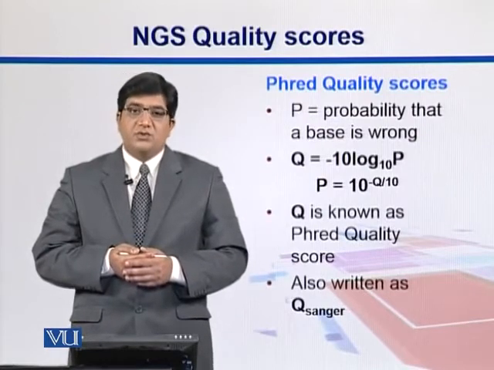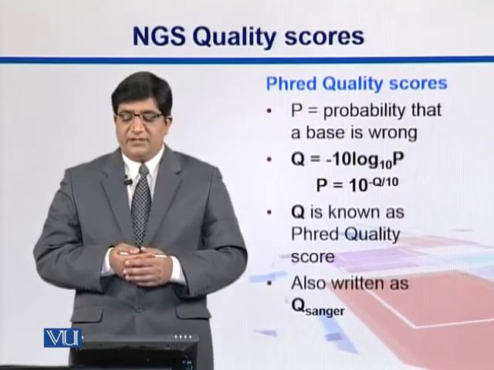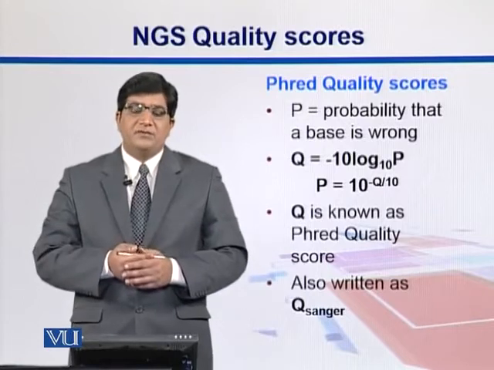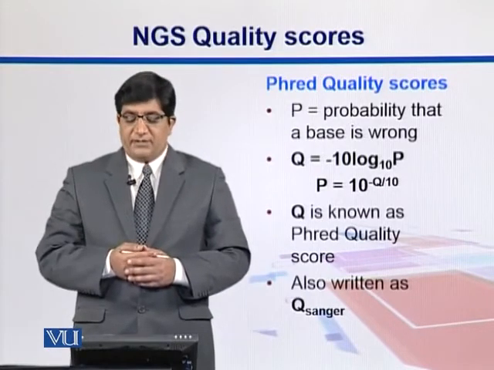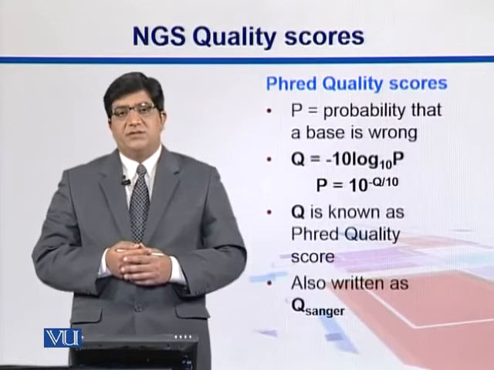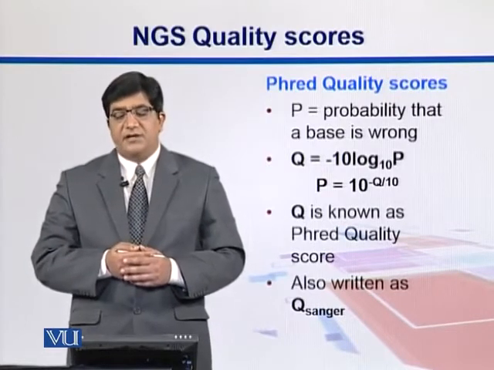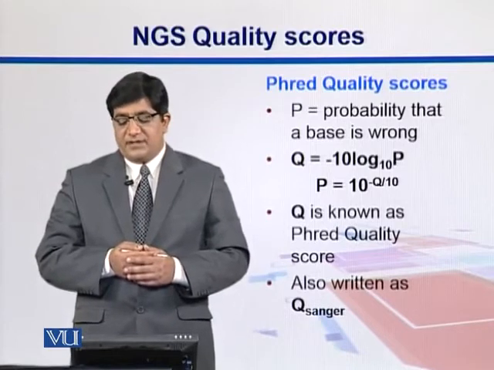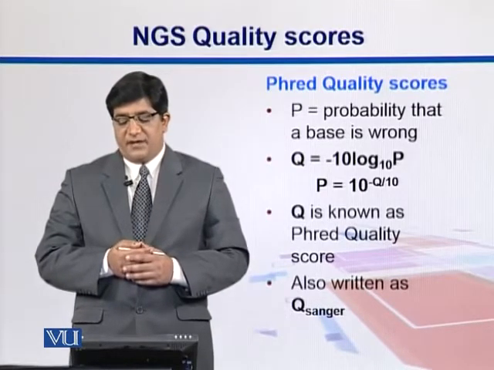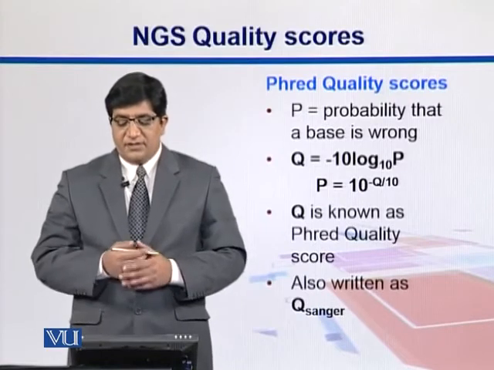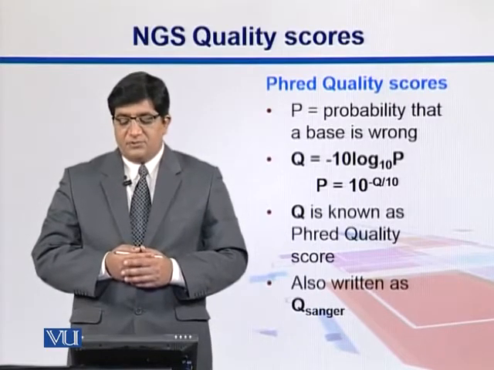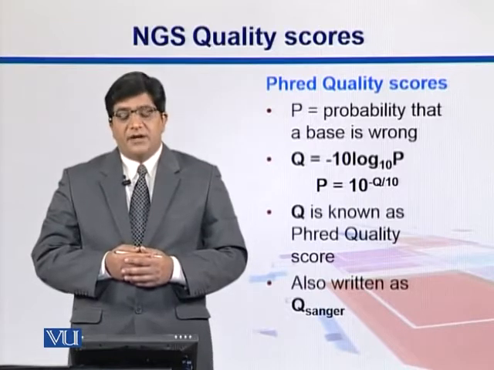In the Phred quality scores, we represent the probability that a base is wrong as P, the error probability, and we come up with a score called Q, which is represented by this equation. Q is equal to negative 10 times the log to the base 10 of P. P is also related to Q by the equation down there: P is equal to 10 raised to the power minus Q by 10.